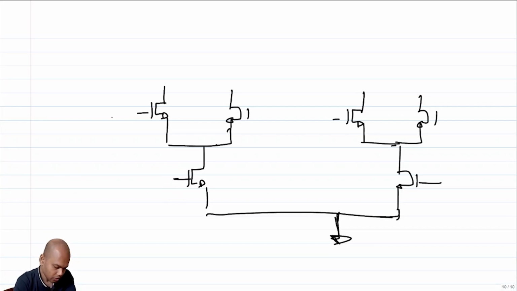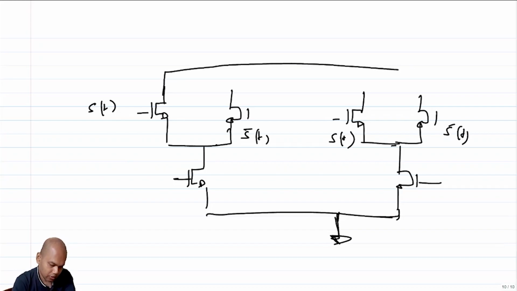So this is S of t, this is S bar of t or SB of t. If I call this S of t, this bar of t, this goes here, this goes here.